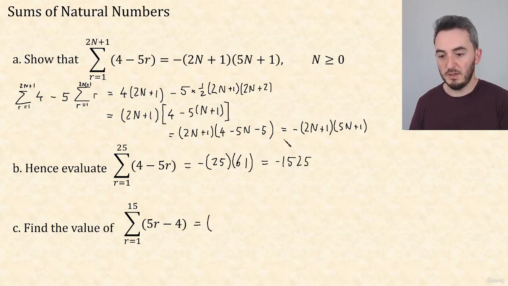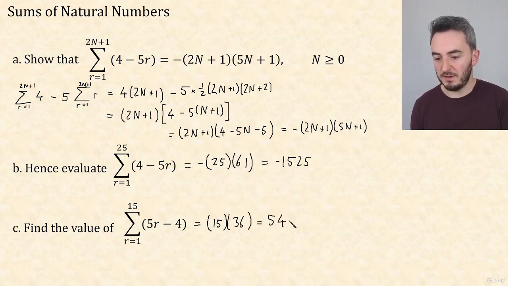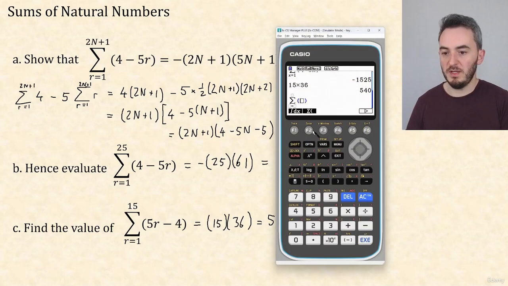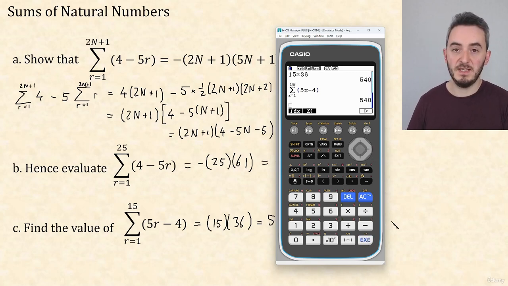So what we have is 2 times 7 plus 1 is 15, and 5 times 7 is 35, plus 1 is 36. So that's 540, and let's check that on the calculator. So here we've got the sum of 5x minus 4 from x equals 1 up to 15, and we're hoping this is 540, and it is.